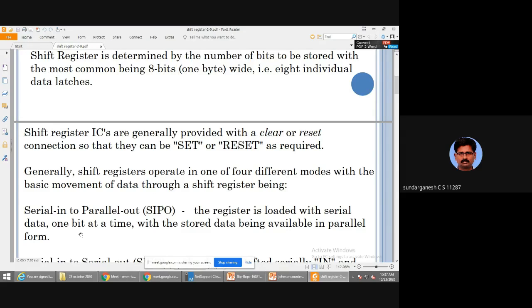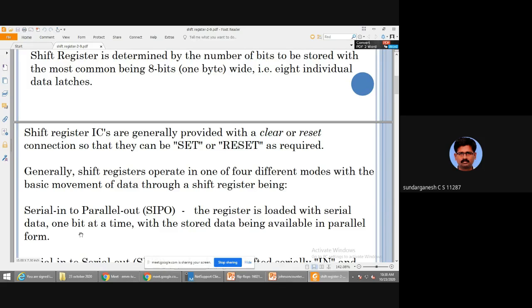These shift registers operate in 4 modes. What are the 4 modes? We already told that we can feed the data serially or parallelly, and you can move the data outside serially or parallelly. So the four operations are serial in serial out, parallel in parallel out, serial in parallel out, and parallel in serial out.